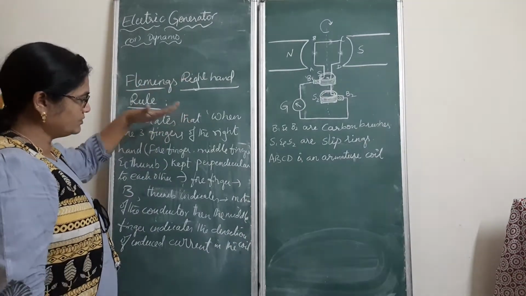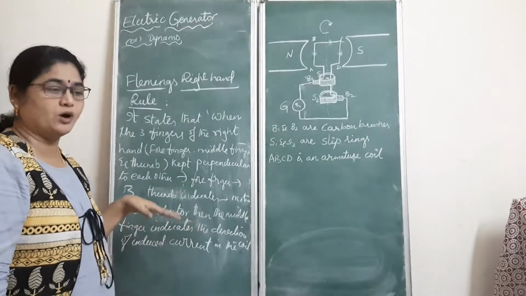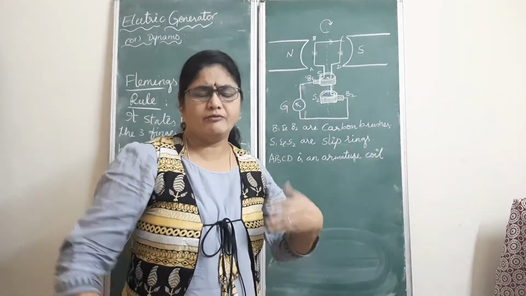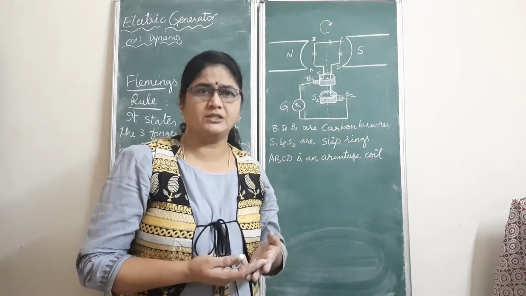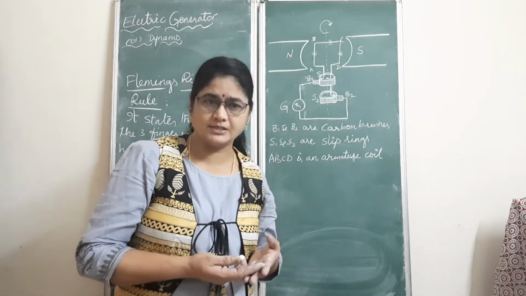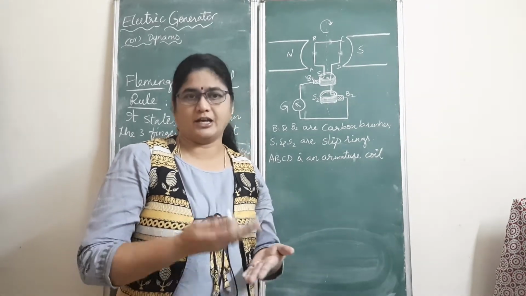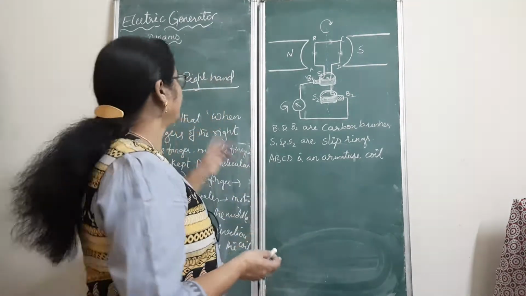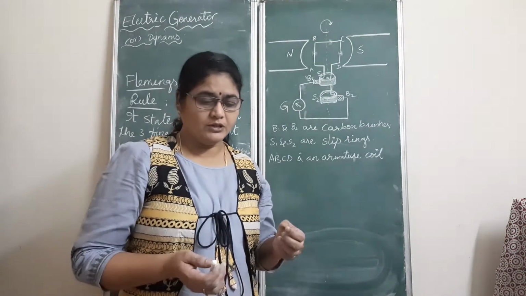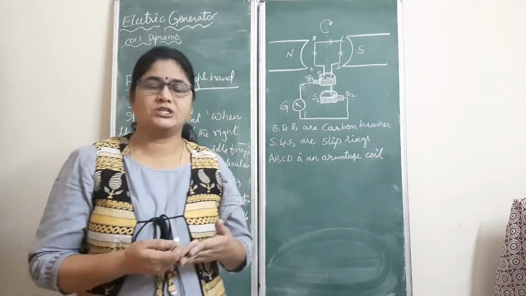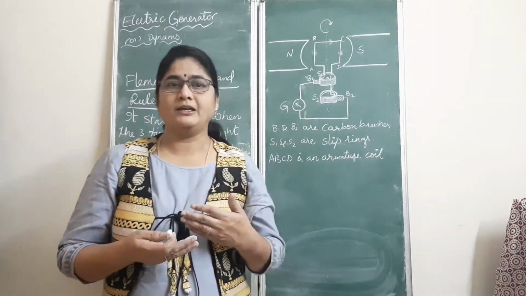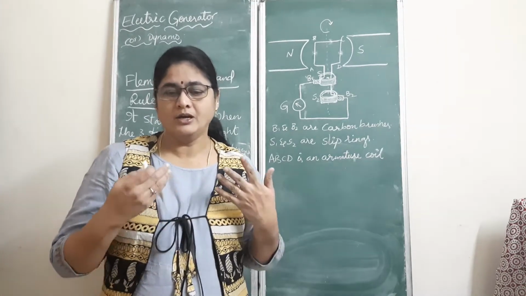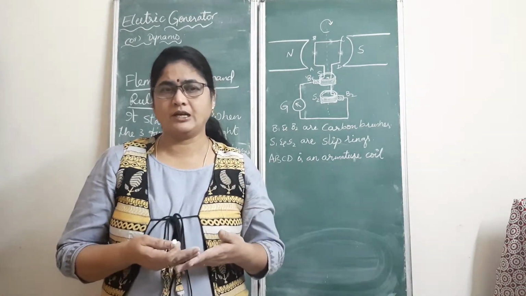So we are going to use this Fleming's right hand rule and also electromagnetic induction in our day-to-day life. There are a lot of applications of Fleming's right hand rule as well as electromagnetic induction. One such application is the electric generator. We know that all these power stations always supply electricity to various houses, cities, factories, everything.